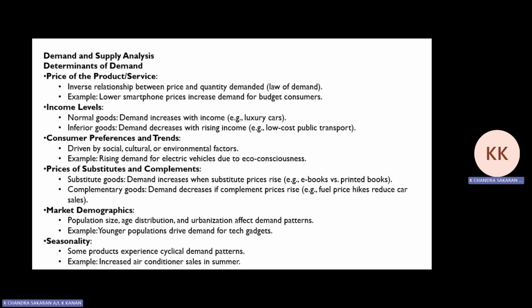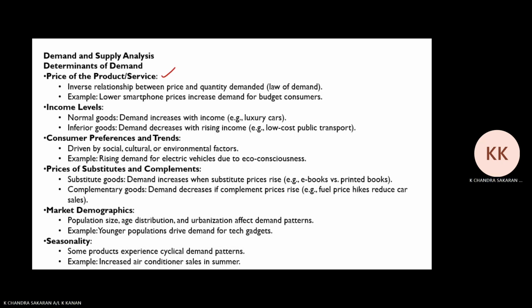In theory there are many factors, but for your particular industry, what are the key factors you must discuss? When we talk about demand, of course you have to talk about price. Price is a very important factor affecting the market of a product. So price, do not forget.